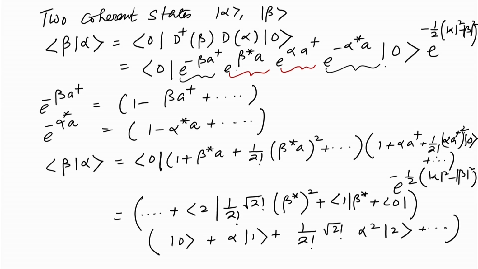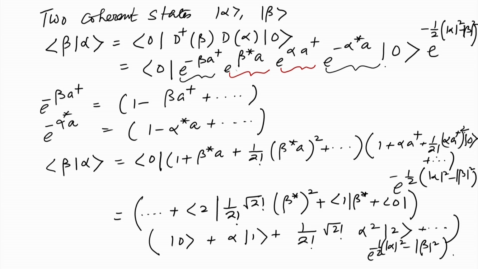And this whole thing is multiplied by the exponential of minus half alpha square minus beta square, and so on.